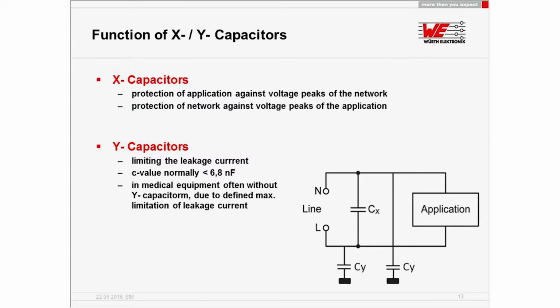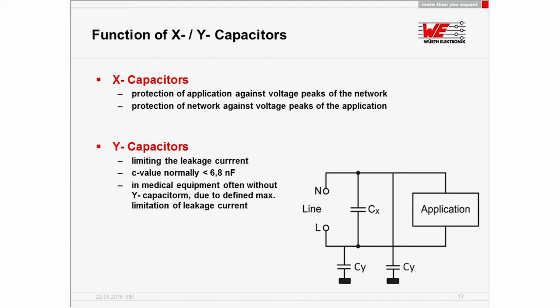Yeah, also with the film capacitors, I would like to introduce the topic of X and Y capacitors. The X capacitor normally is used as protection for the application against the network, or the opposite way around, that you protect the network from the application in this position.